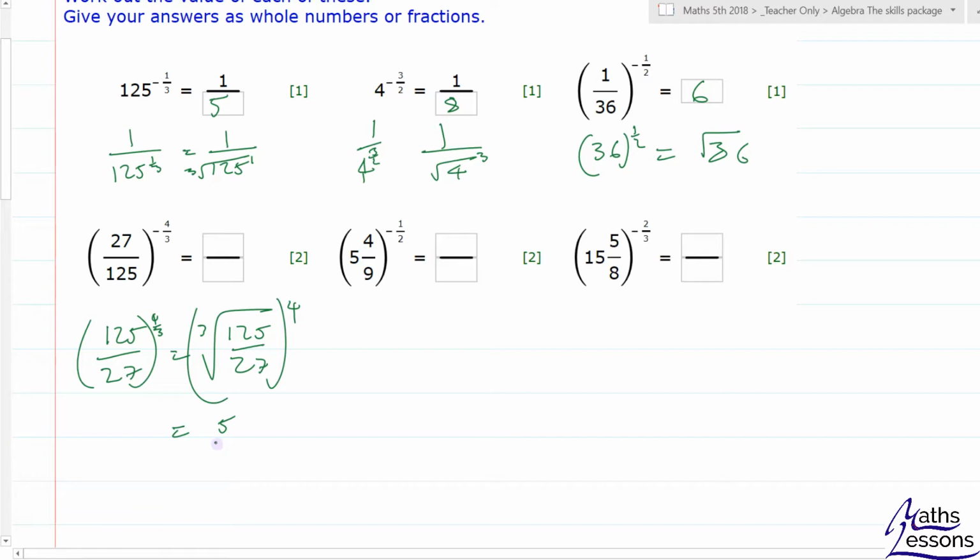Cube root of 27 is 3. So I've got 5 to the 4 and 3 to the 4. Well, we know 5 cubed is 125, so that is just going to be another times 5, so 625. And then times it by another 3, so that will be 81. So we get 625 over 81. Right, a few minutes to have a go at the other two.